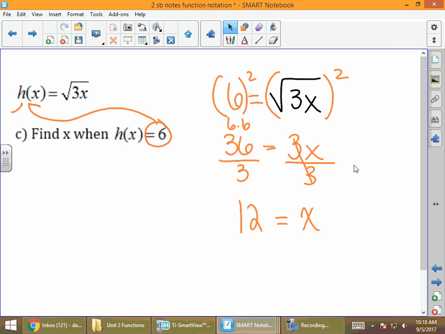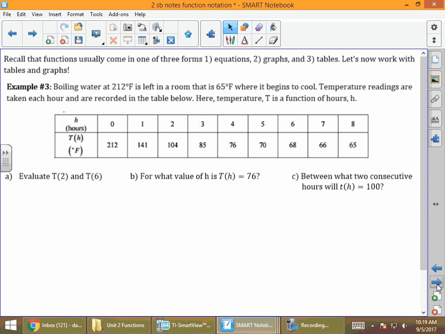Now what we've been dealing with on the front of the paper are functions written in equation form. As we turn our paper over, we see that they don't always have to be written in equation form. They can be written as graphs or tables, and that's what we're going to work with mainly here on the back of our notes.